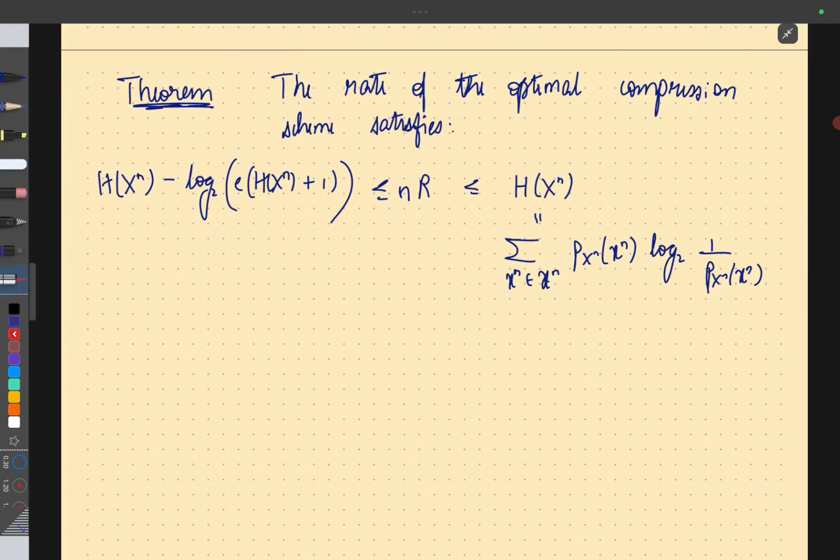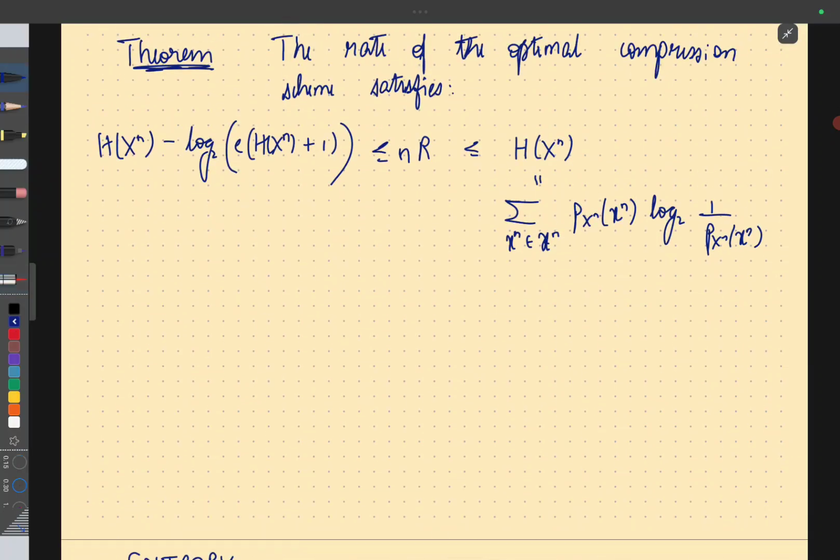This particular scheme is of course optimal, and we also derived an upper bound on the rate of this particular compression scheme. The expected length happened to be the entropy of the source. So the rate is 1 over n times the entropy of the source.